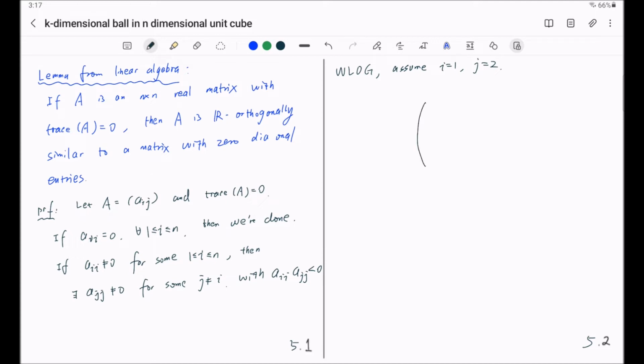So now we are looking at the matrix, and we consider the conjugation of this matrix by this guy.